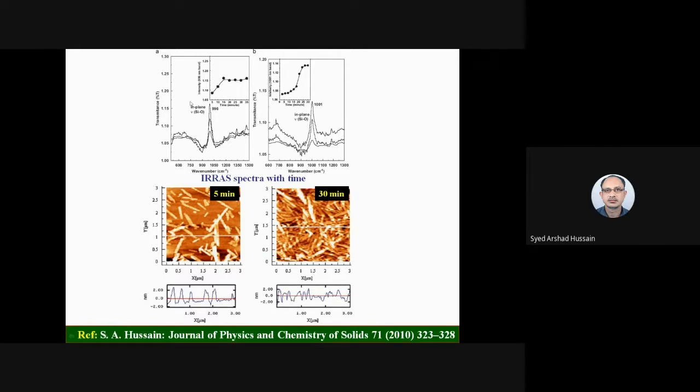This is for one type of clay, and this is for another type of clay. You see here also, but of course the reaction is different. So it flattens because there may be a situation like that, no free cation on the surface is available to incorporate further clay sheets from the surface.